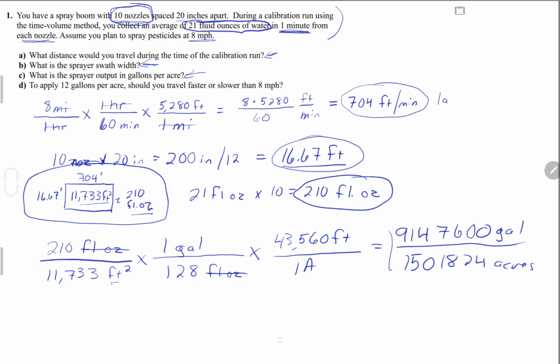And if you divide those two numbers, you end up getting 6.1 gallons per acre, which we usually specify as just GPA.